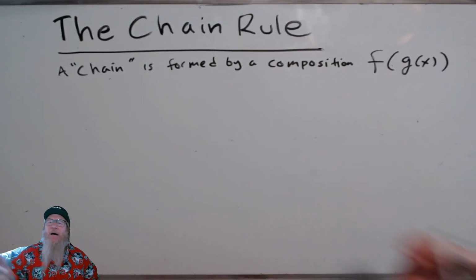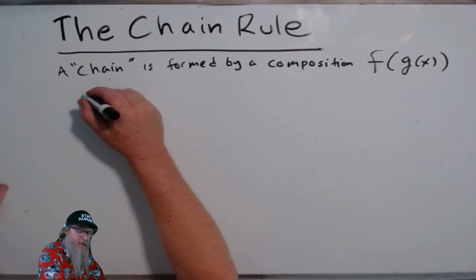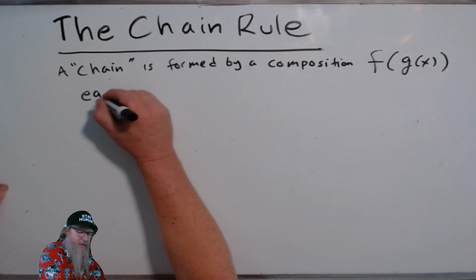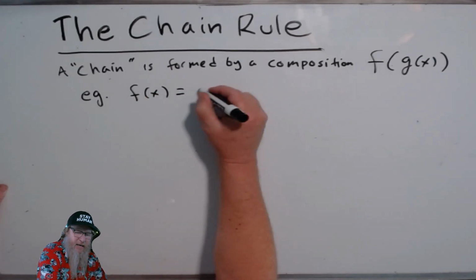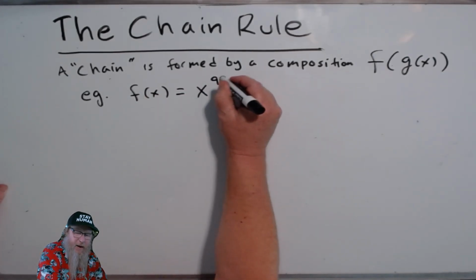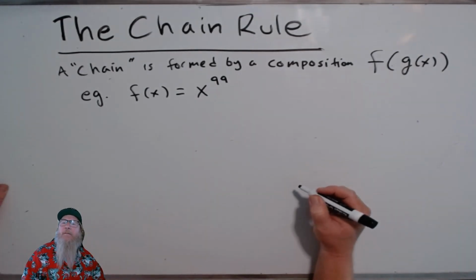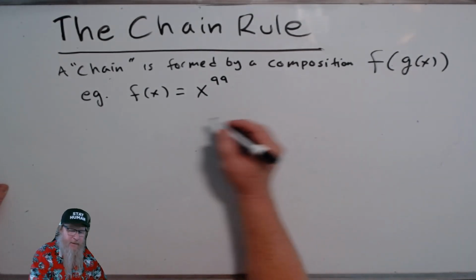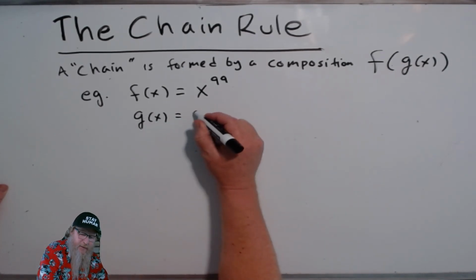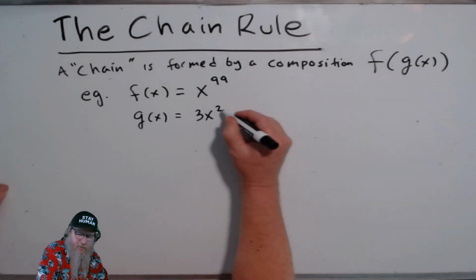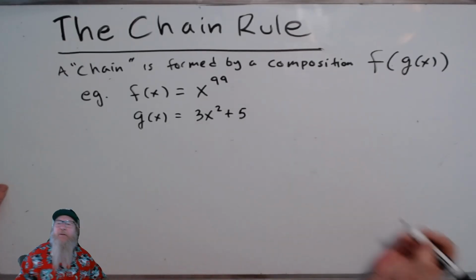An example would be something like f of x is x to the 99th power, and g is 3x squared plus 5.